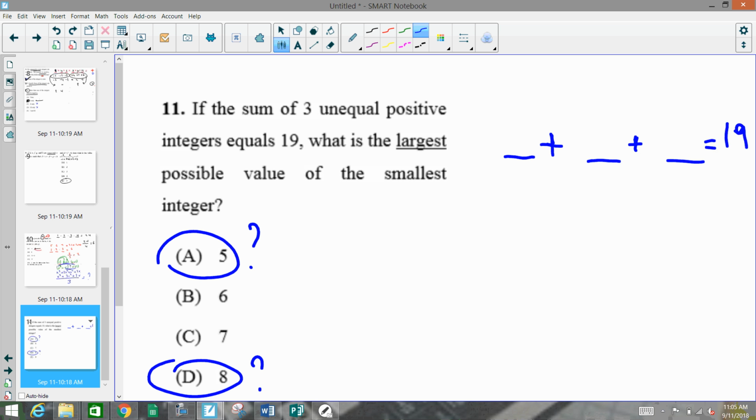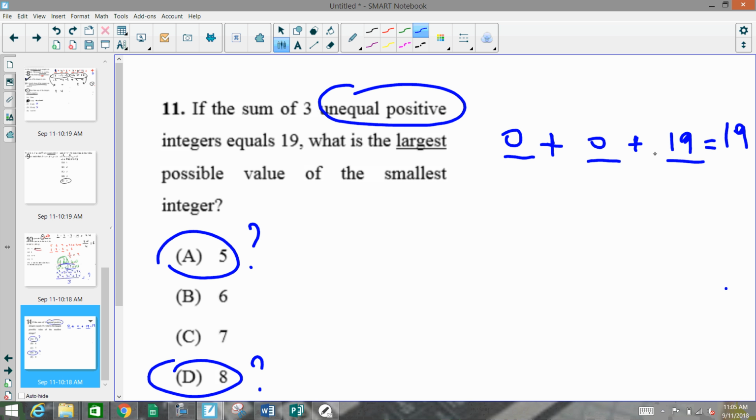Now, the sum of 3 unequal positive integers equals 19. Okay, let's put it down here. 3 unequal positive integers. So what is the largest possible? If it wouldn't say unequal, I would go with 19, 0, 0. Agree? But the sum of 3 unequal positive integers, so I need to change these.